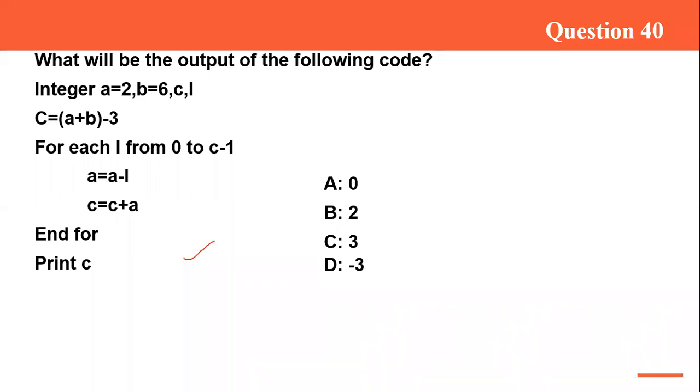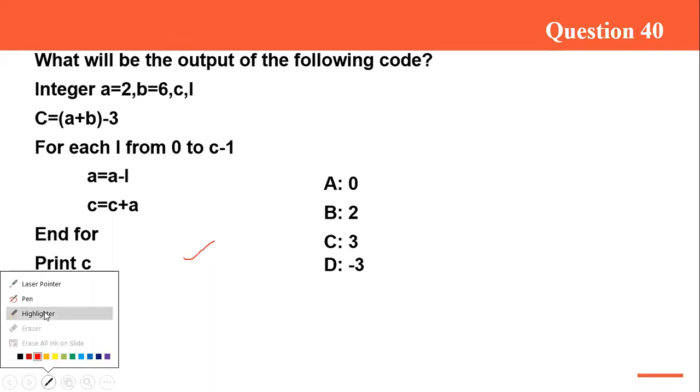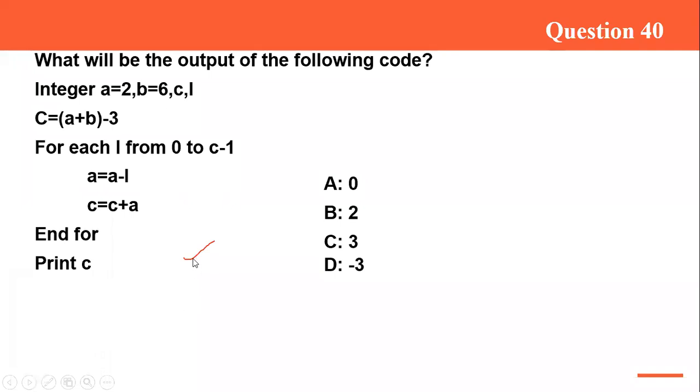What happened? Still doing it fast? Okay, I think one or two people got 3 as the answer. Okay, 3, everyone. This is also a bit lengthy one. More calculations. Everyone got it or still doing?